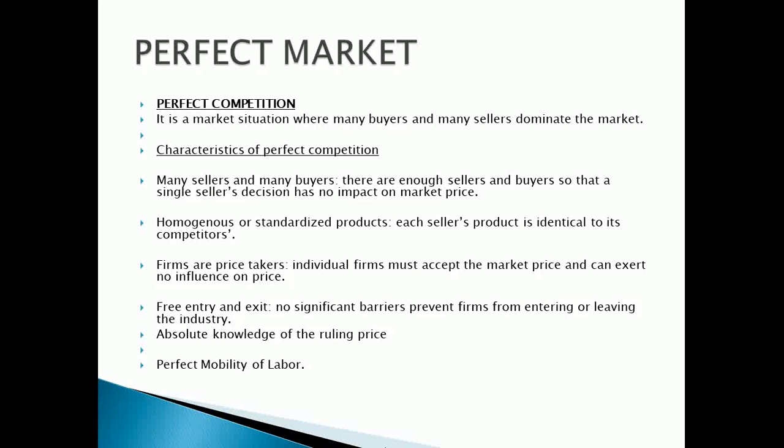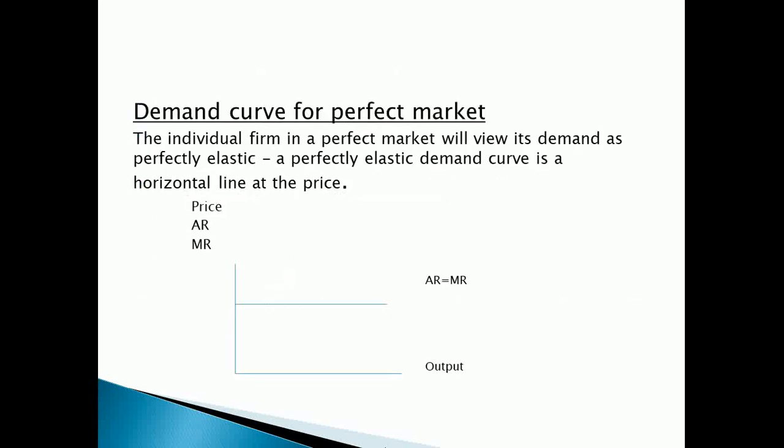Now let's study this curve. We will observe that the AR curve is stable, is constant, and the MR curve is also the same horizontal line. And this is as a result of the consistent or constant price. If you remember the figure I gave you earlier, and you can also see it on the screen right now, where the price remains the same.